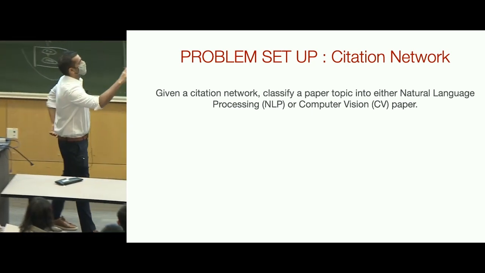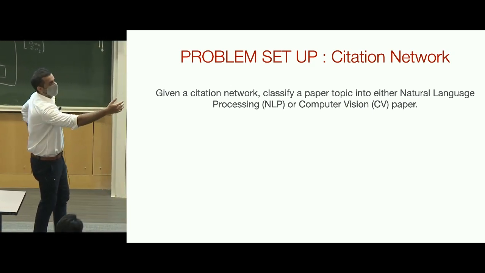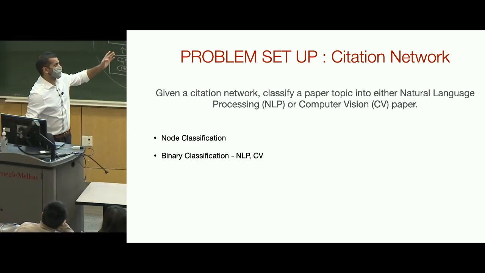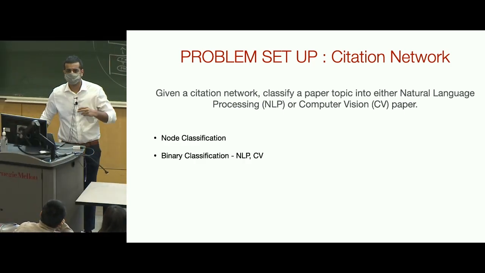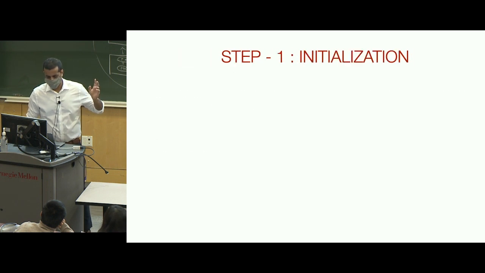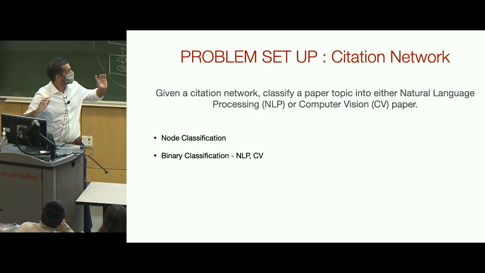And we want to classify each paper into a topic of either belonging to NLP or CV. So it's a node classification problem. It's a binary classification problem. We're classifying each node into two classes. That's it. So is the problem statement clear to everyone? Everybody gets it?